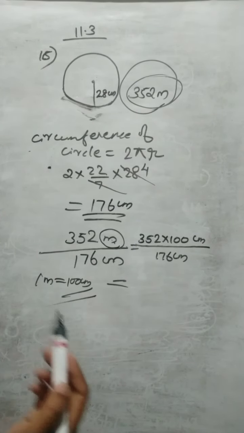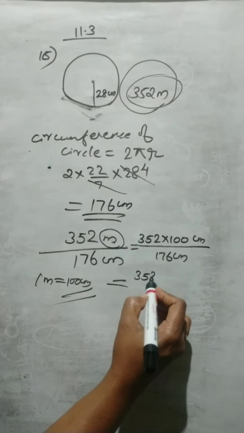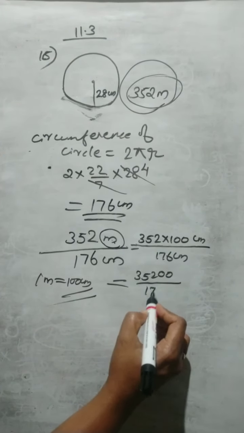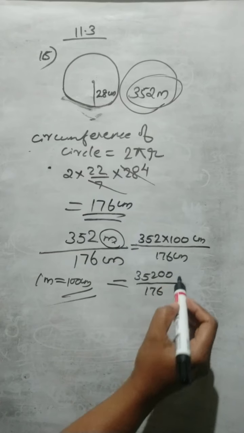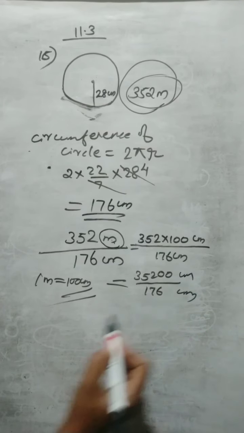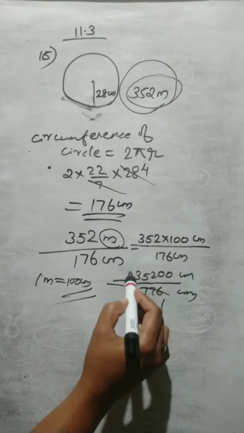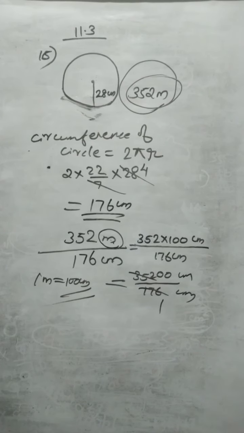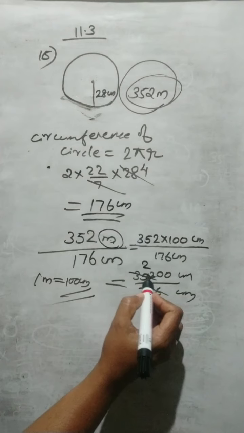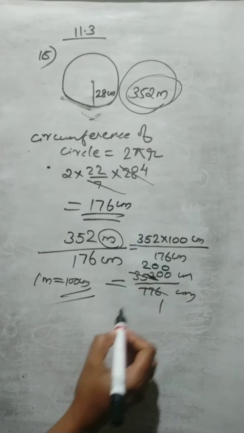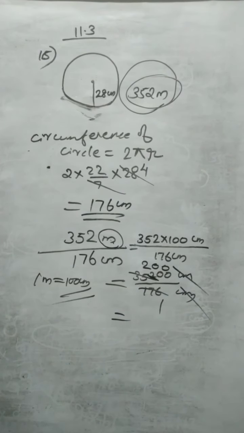Then 352 with 2 zeros divided by 176. Here centimeter, here centimeter. 352 is the double of 176. So 2 times, then 2 more zeros. So centimeter and centimeter we can cut.